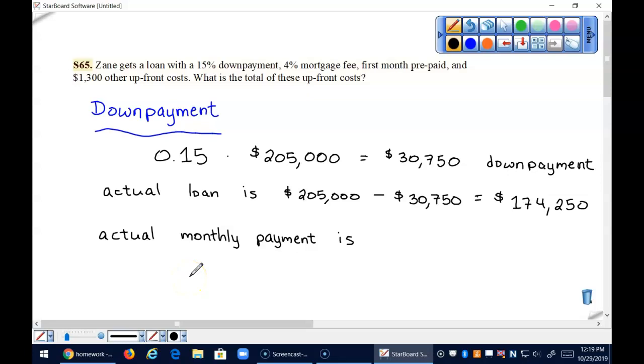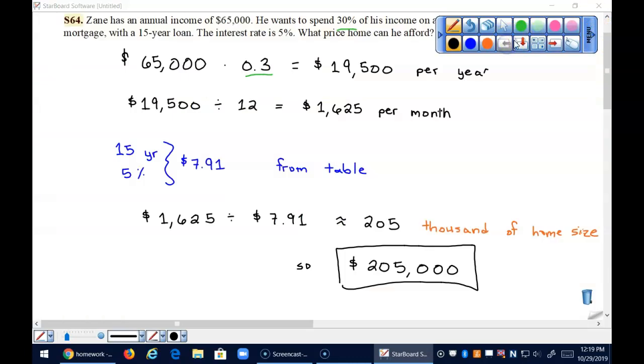So we take how much the actual loan is, the 174,250, divide it by 1,000. So we get 174.25. That's how many thousands of loan he's actually getting. Zane's table value was 7.91.